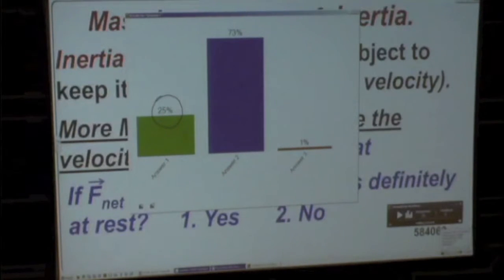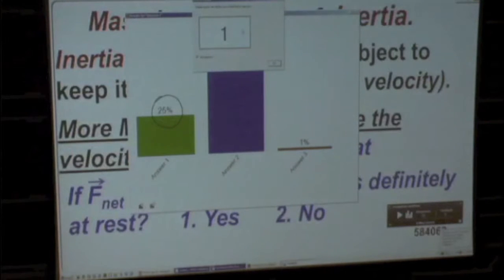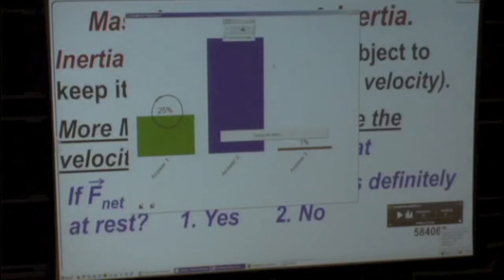So the correct answer is no, because if the net force is 0, that only means what? Acceleration is also 0. That's for sure. That's what Newton's second law tells us.